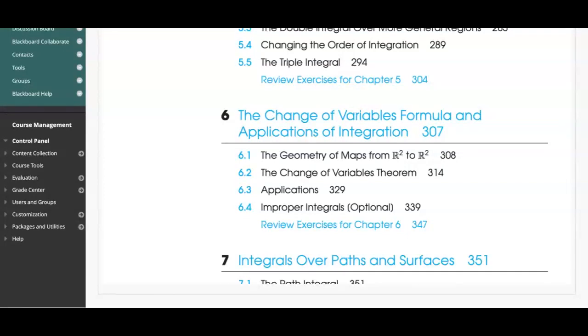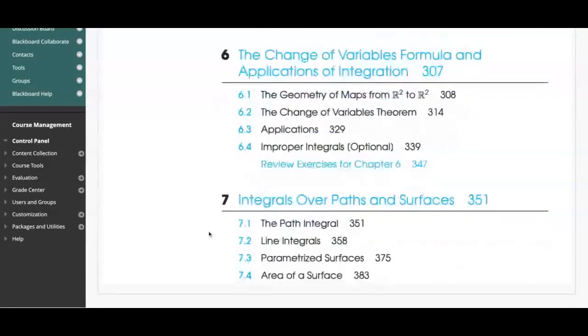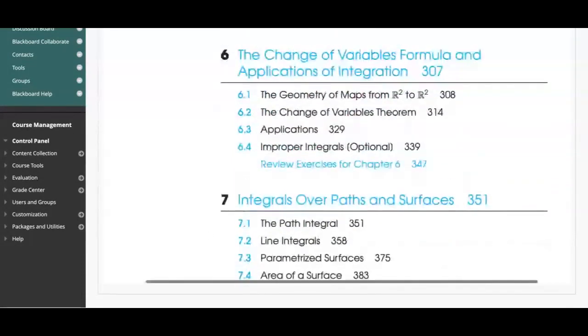We want to change it to polar coordinates, even cylindrical and spherical. And then once we change the coordinates, the miracle happens. So chapter 6 basically is just 6.2.